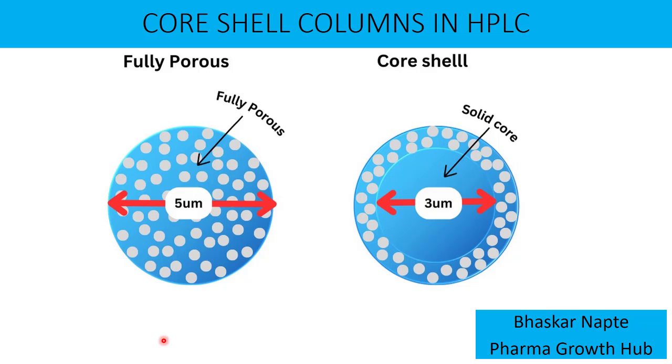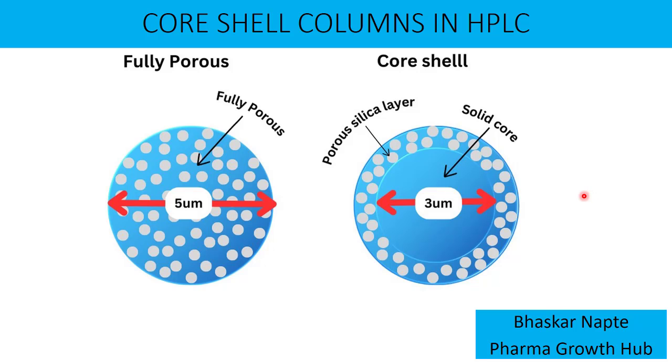Let us say that the diameter of this solid core is around 3 micron. On this solid core, you will coat a porous silica layer.